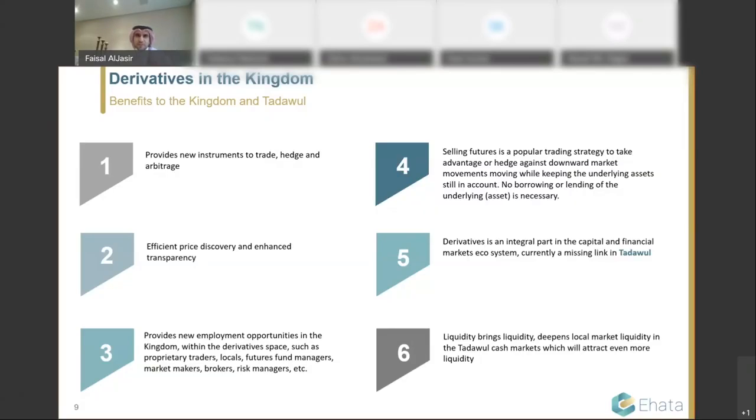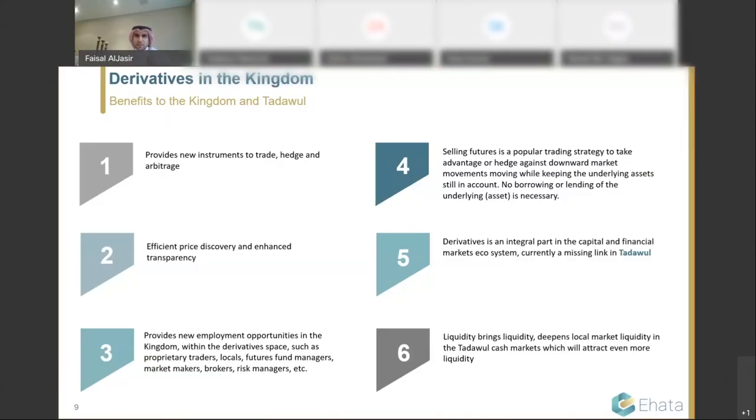An example of an arbitrageur is someone who would trade a stock in two different indexes, the same stock, the same company, but in two different indexes, and one stock is cheaper than the other.